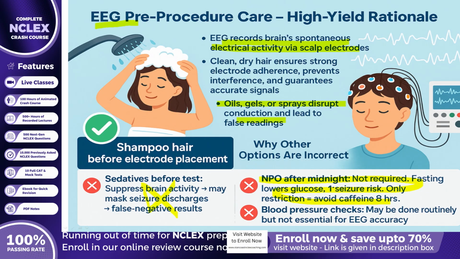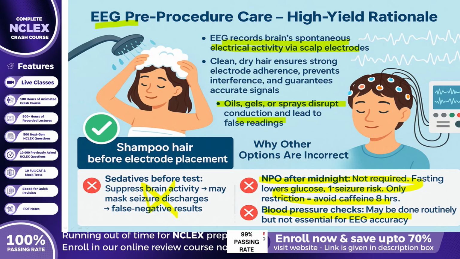The only restriction is avoiding caffeine for at least 8 hours before the procedure, since caffeine alters brainwave activity. Finally, option 4, obtaining lying and sitting blood pressure measurements, may be relevant for evaluating orthostatic changes, but has no direct impact on EEG results or electrode placement. Vital signs may be checked routinely, but they are not the priority nursing action here.